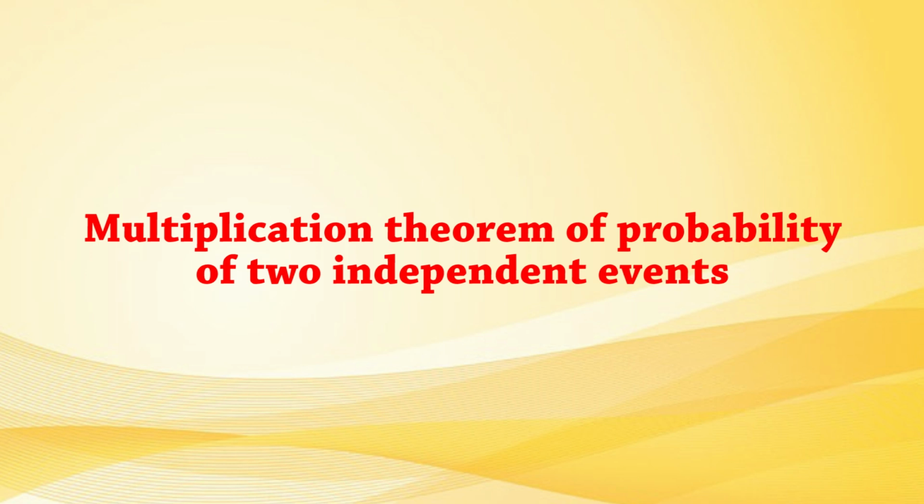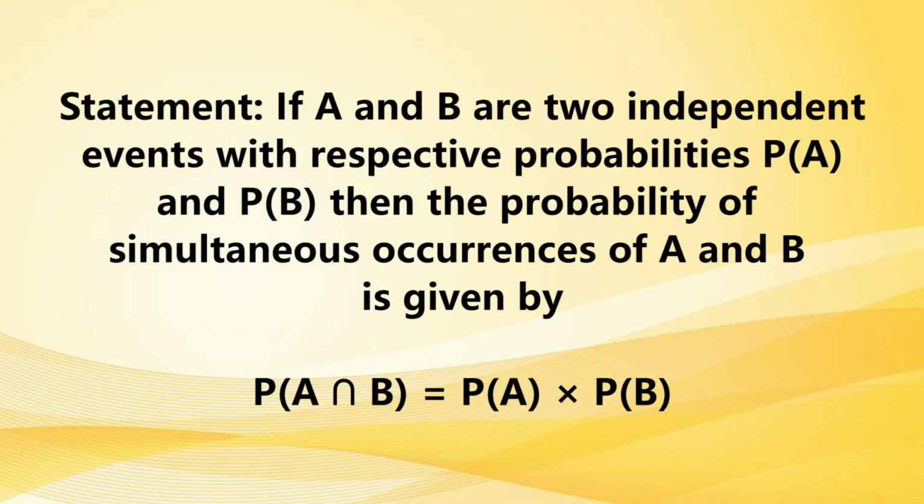We shall now try to understand what multiplication theorem of probability for two independent events is. The multiplication theorem of probability for two independent events is also called as theorem of compound probability.